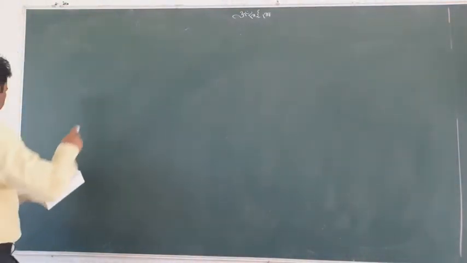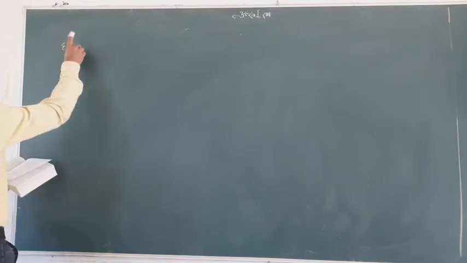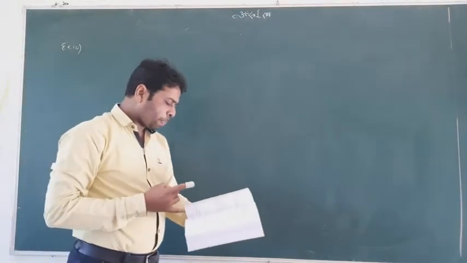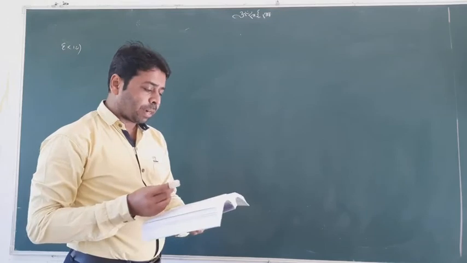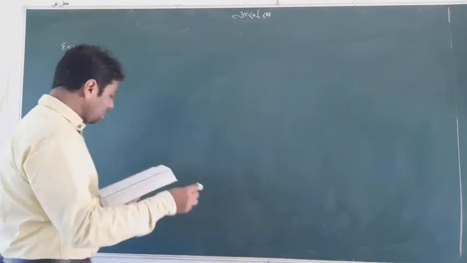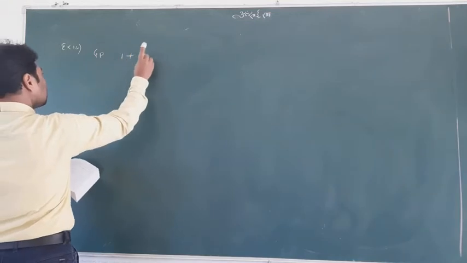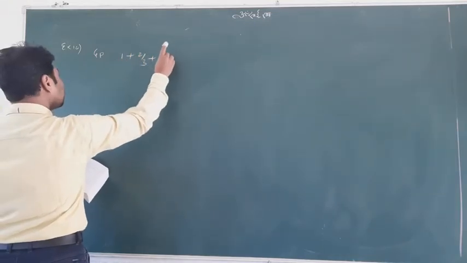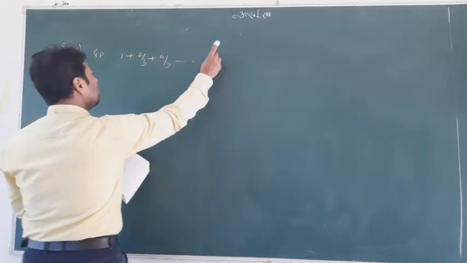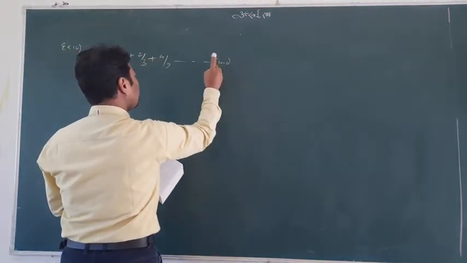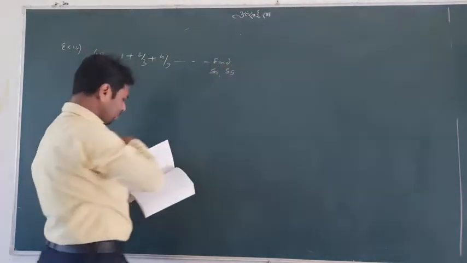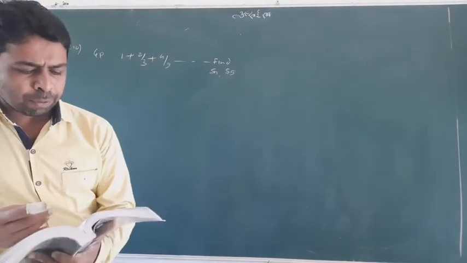Example number 12 says, find the sum of the first n terms and the sum of the first 5 terms of the geometric progression. The GP given is 1, 2 by 3, 4 by 9. We want to find the sum of n terms and the sum of 5 terms.